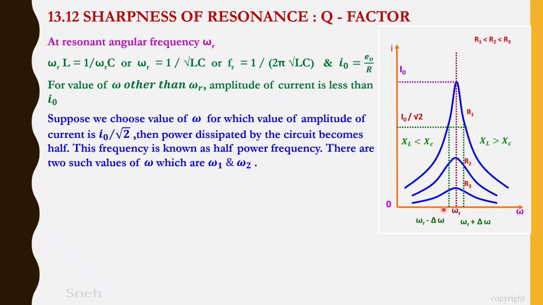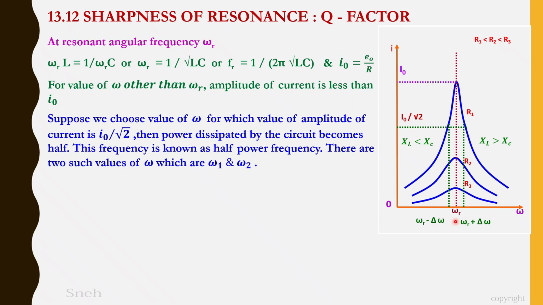Before going to bandwidth, first I'll consider the values of omega 1 and omega 2. Omega 1 is given by omega r minus delta omega, and omega 2 is given by omega r plus delta omega. Now what is delta omega? Delta omega is this much. This is delta omega as well as this is also delta omega.